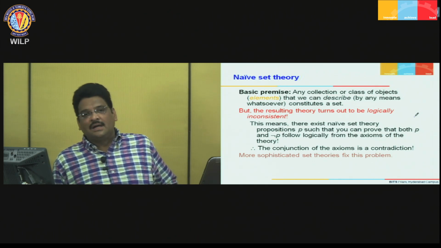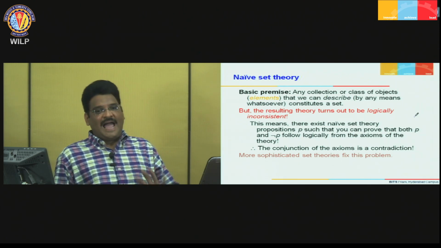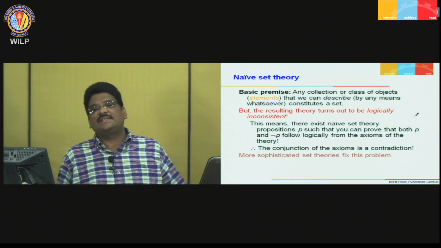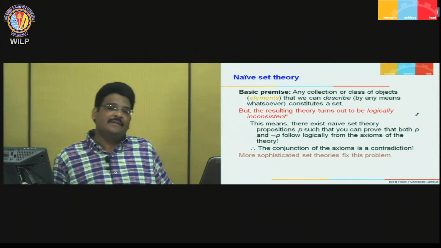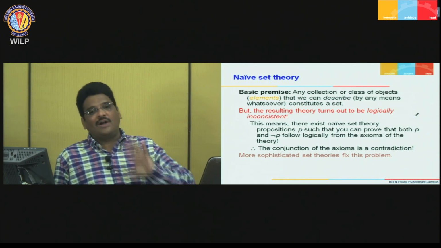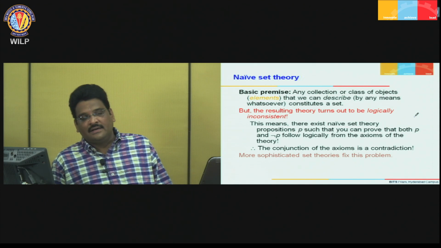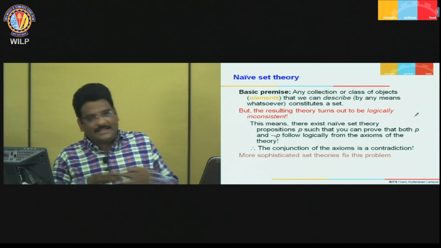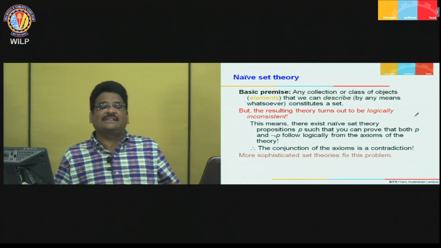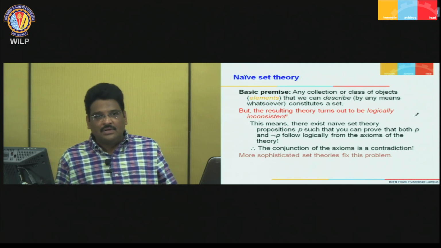Then people came up with some axioms to be added to naive set theory to make the whole system consistent. That is how people solved this problem. You had some axioms and some definitions in naive set theory, and the problem was that you got propositions which are true and false at the same point of time, which is not okay.